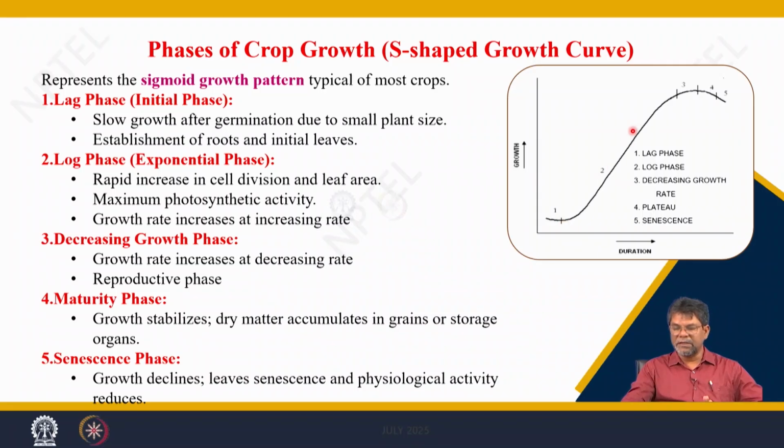And then again, when the crop starts flattening, the curve bending, this is the stage where the reproductive part starts. Here you also need to make sure that the crop is supplied with sufficient water and nutrients. These two stages are very important for any field crops for input management.